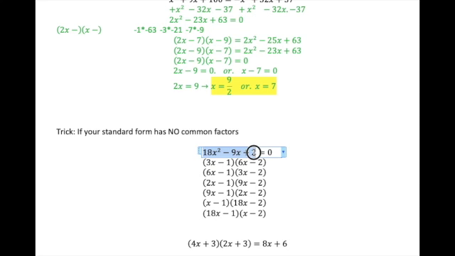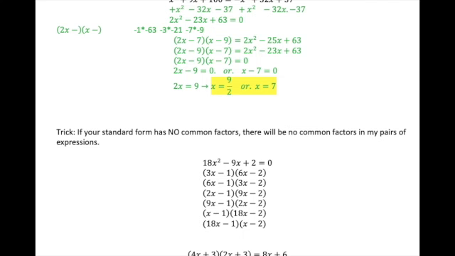Like if they were all even, I could cut them all in half. If they were all multiples of 10, I could chop off a 0. Or if they were all multiples of 3, I could divide them by 3. But if there's no common factors, there will be no common factors in my pairs of expressions.